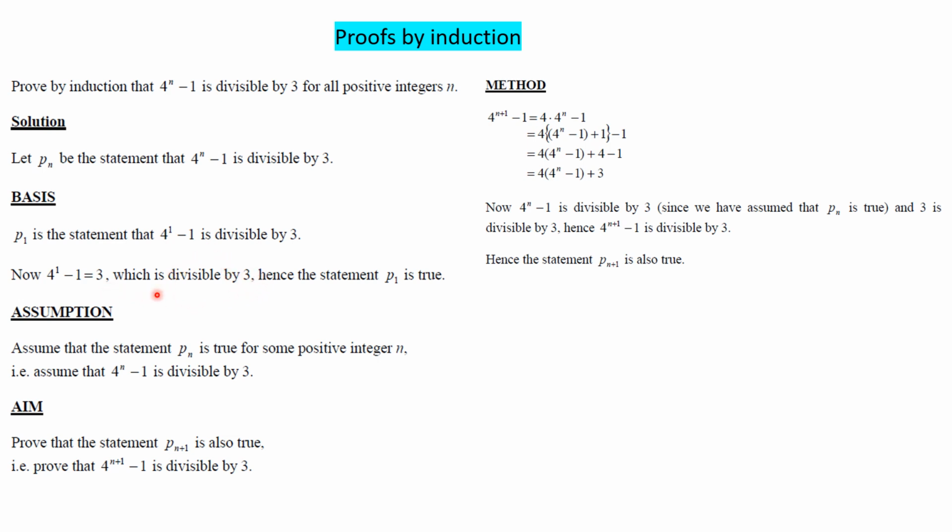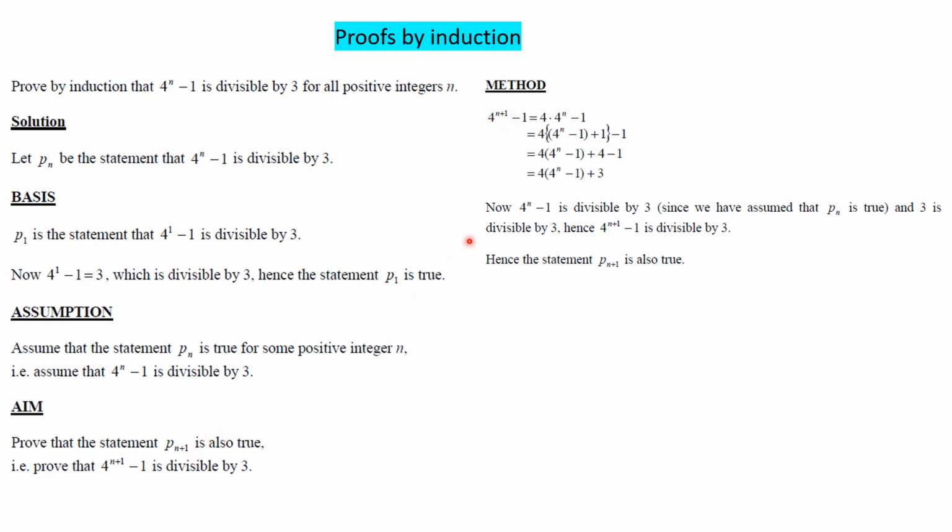The second step, you assume that for some n value, this is divisible by 3. Then the last step is the most important step, and you have to show it based on the second step.